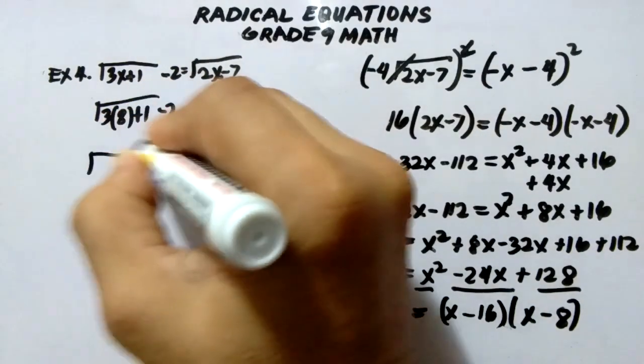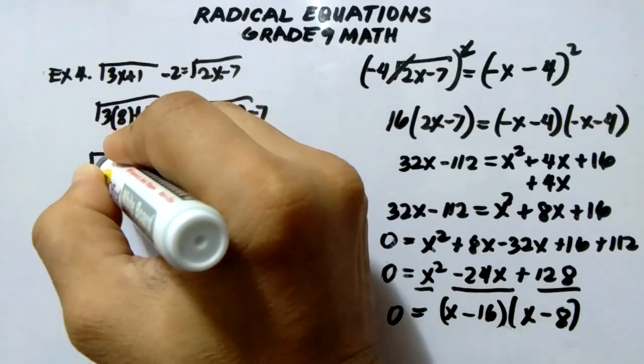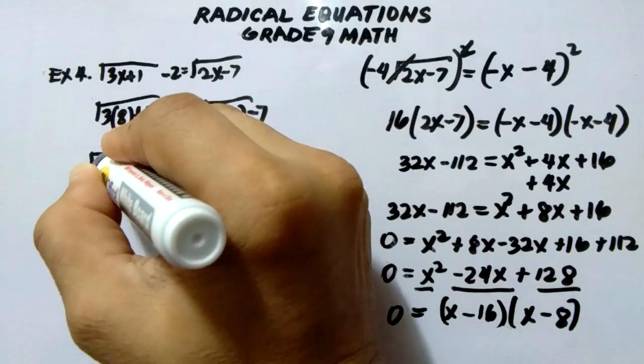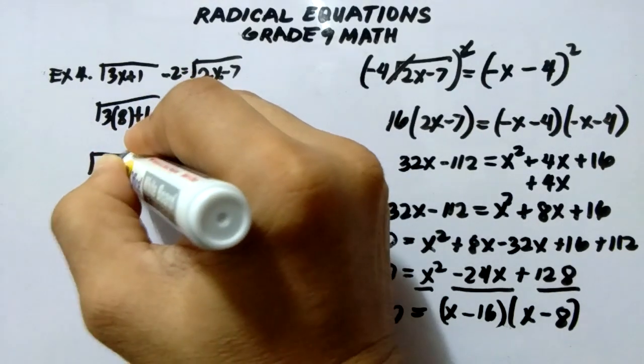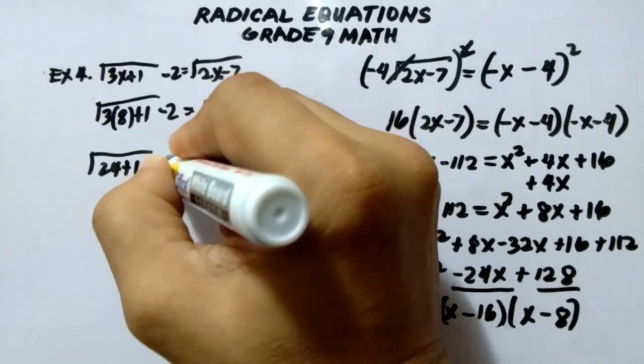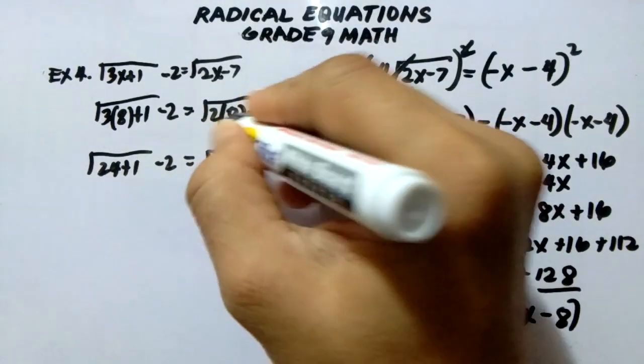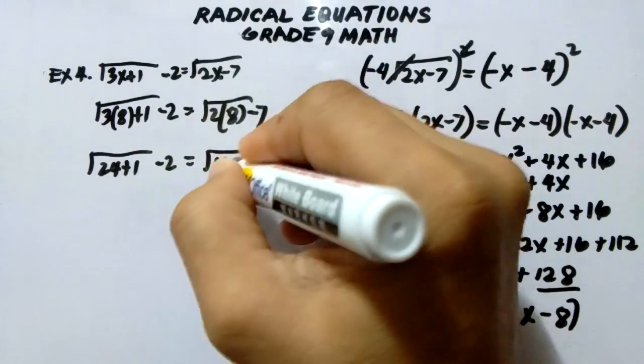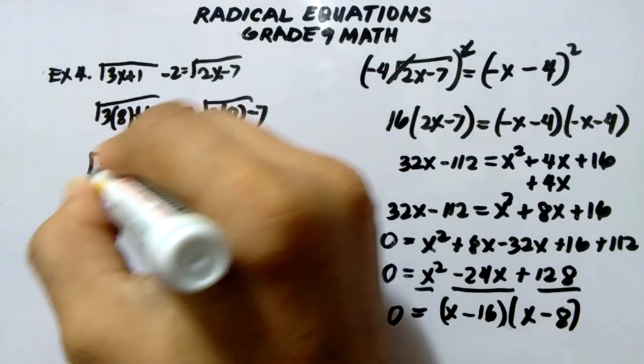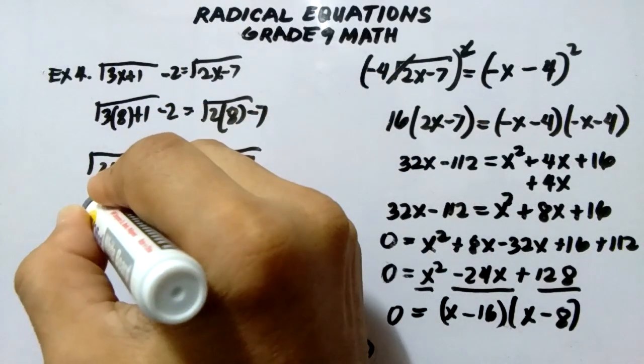Then, square root of 3 times 8, that is 24, plus 1, minus 2 is equals to square root of 2 times 8, that is 16, minus 7. Then, 24 plus 1, that is 25.